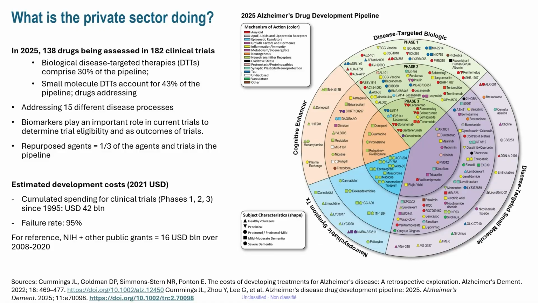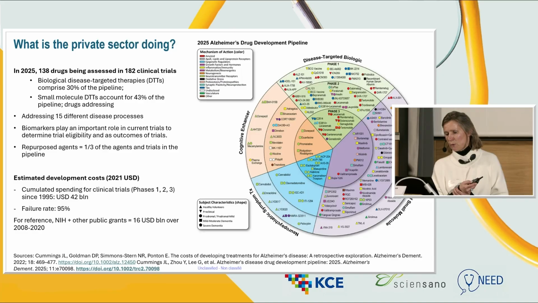Today, there are about 140 drugs which are being assessed. I reproduce this beautiful figure that I hardly understand myself because I'm not a clinician. So I find it really fascinating to see all the directions it takes in the development of these drugs. About 30% of these drugs are biologics, another 43 are small molecules.